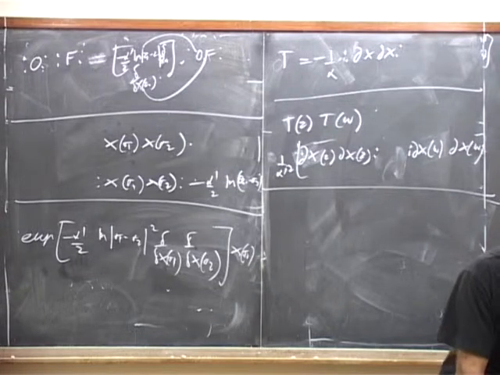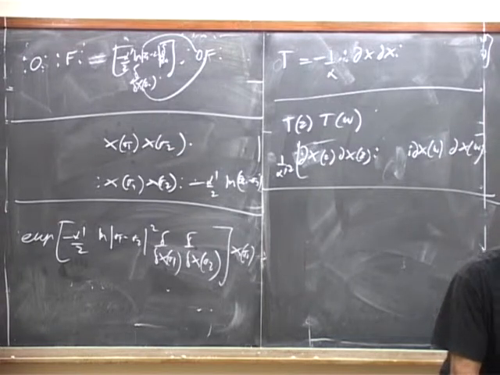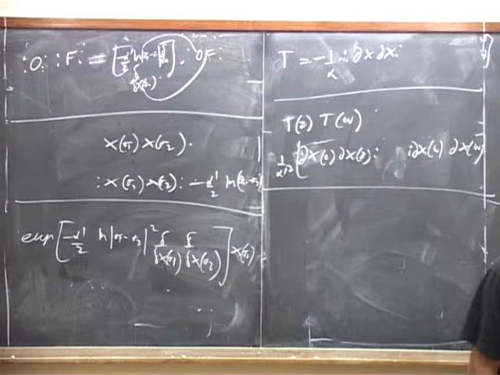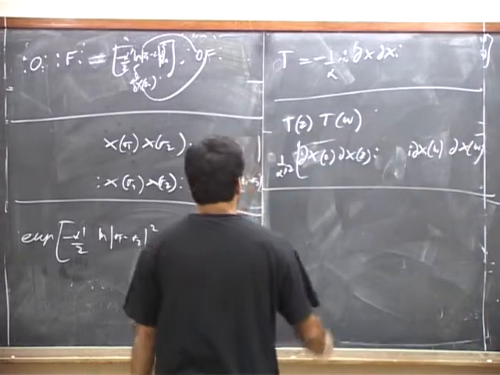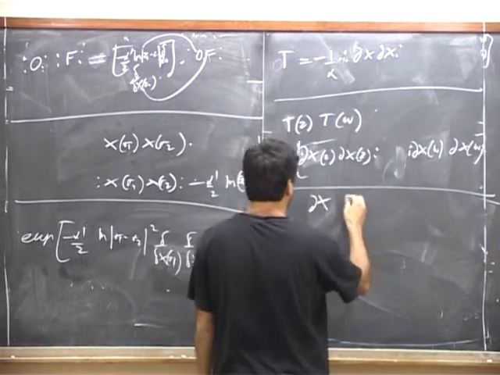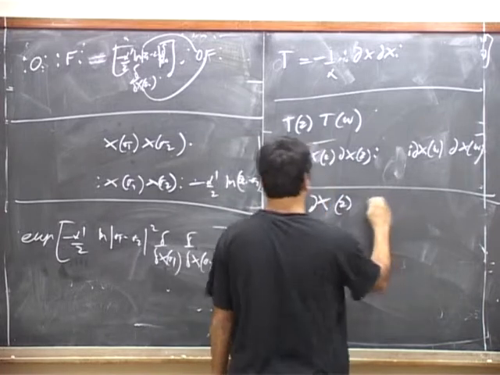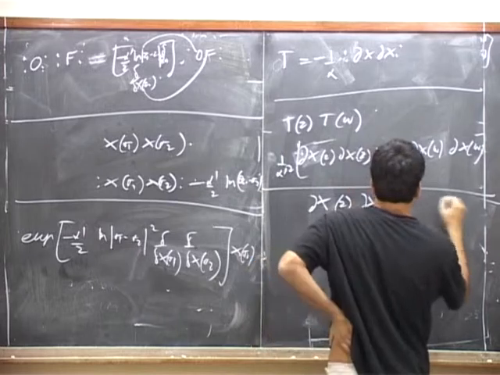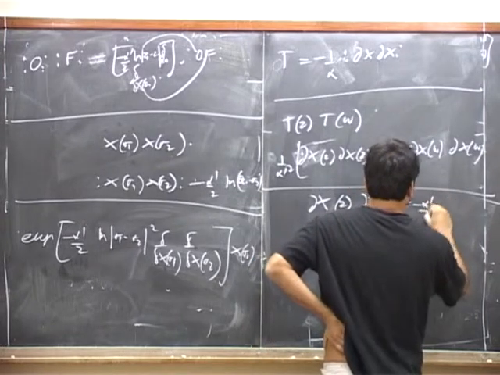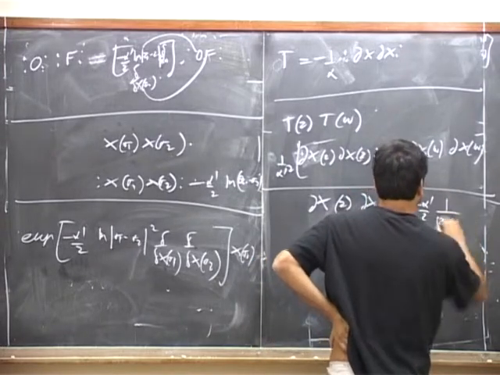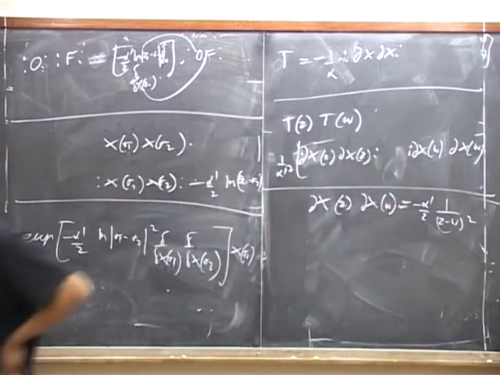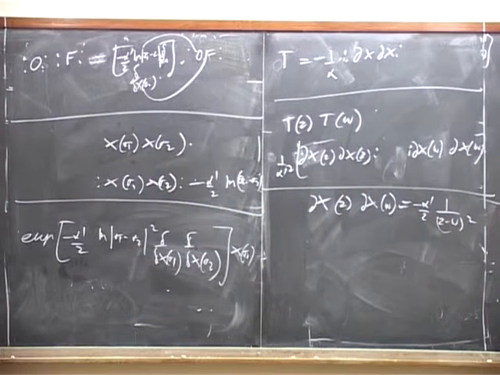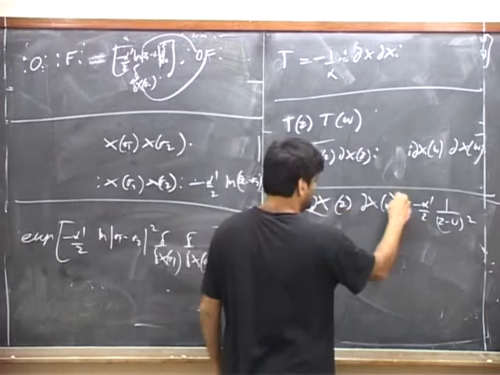The second derivative taken with respect to w also gives us no minus sign. Because 1 over x differentiated gives us a minus sign, but we're differentiating 1 over minus x with respect to minus x. Therefore, let's note down this useful thing to remember: del X of z, del X of w is equal to minus alpha prime by 2, 1 over z minus w.